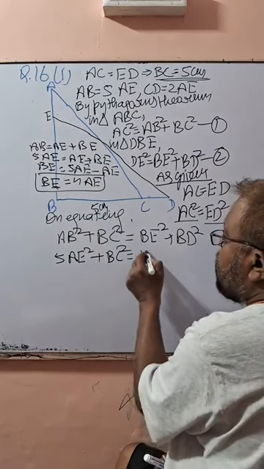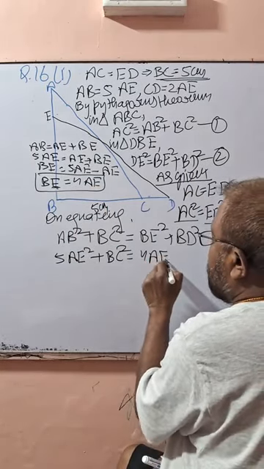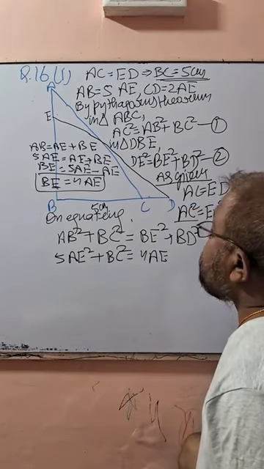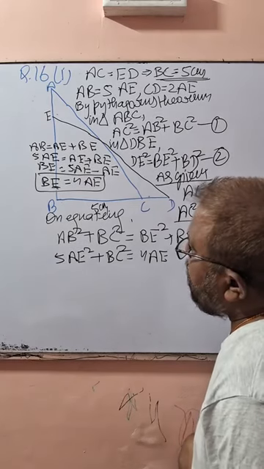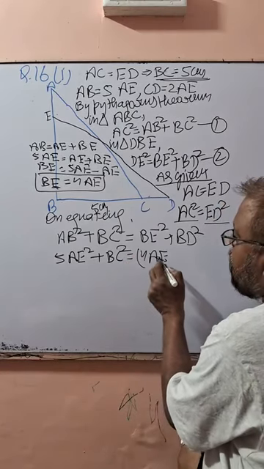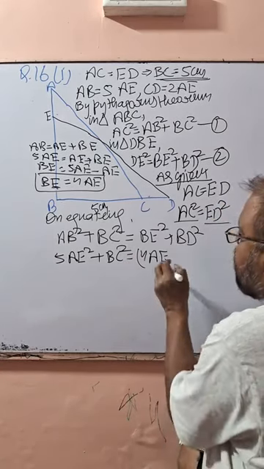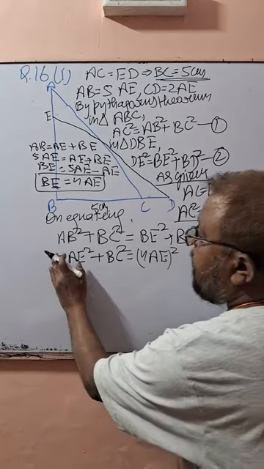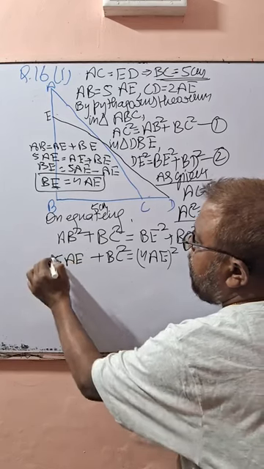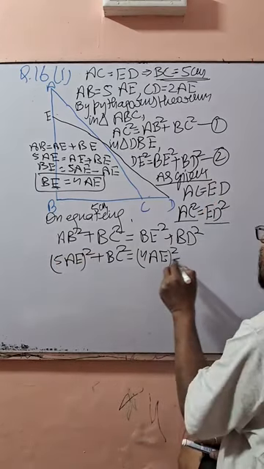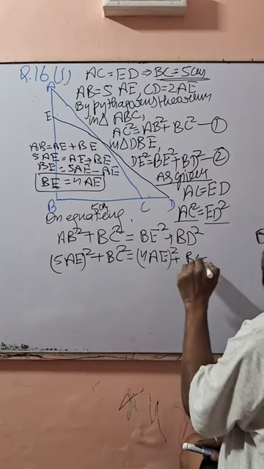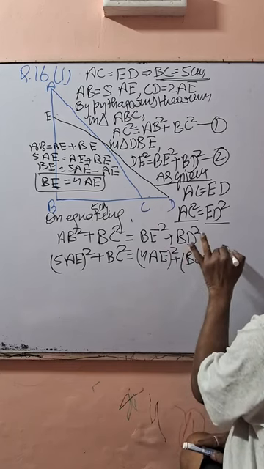So BE is equal to 4AE whole square, and here it will be 5AE whole square plus BC square is equal to BC plus CD whole square.